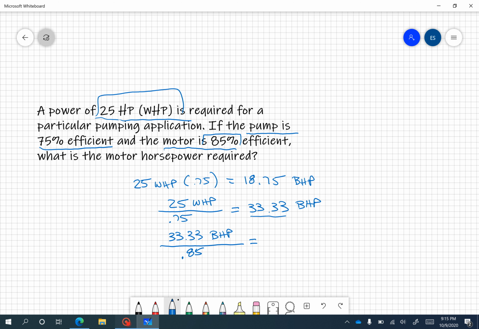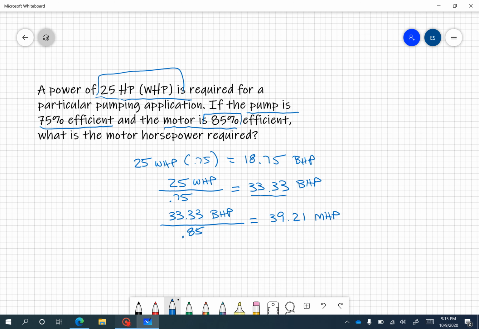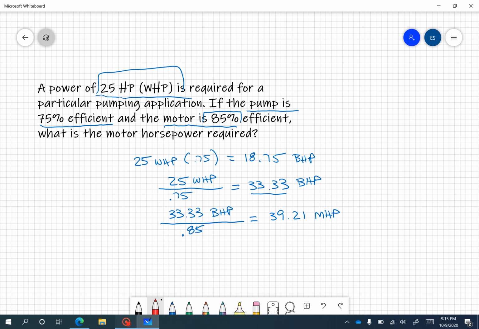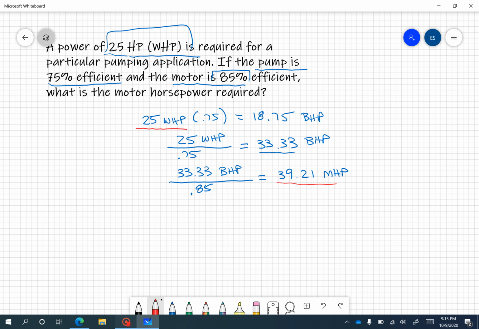And when we divide 33 1/3 by 85% or 0.85, we get 39.21 motor horsepower. So it ultimately takes 39 motor horsepower to supply 25 horsepower to the liquid we're actually trying to move.